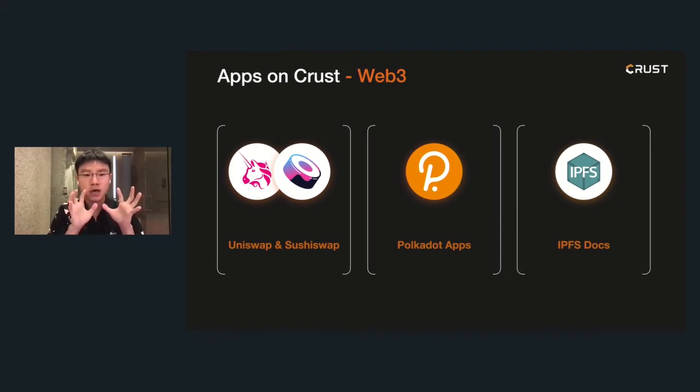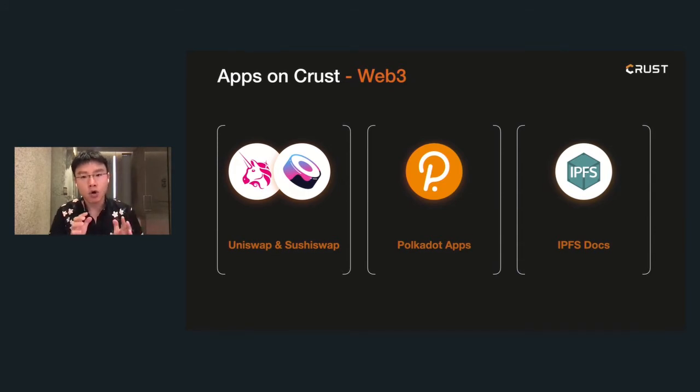These cases are not just a contribution from our side. They have already integrated Crust storage in their daily deploy process. That means every time you visit the Uniswap website, the Polkadot apps, and the IPFS docs, the content mostly comes from the Crust network.